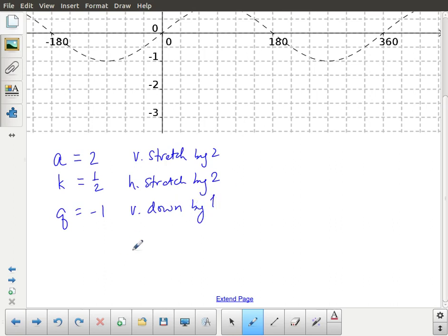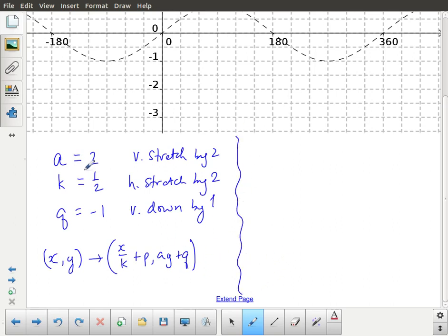So, and you could do this. You could take (x, y) and transform every (x, y) into (x/k + p, ay + q). Perfectly good. You can do that. What's another way to look at this? This graph is going to have an amplitude of 2. That's the A value. Instead of an amplitude of 1, it's an amplitude of 2.